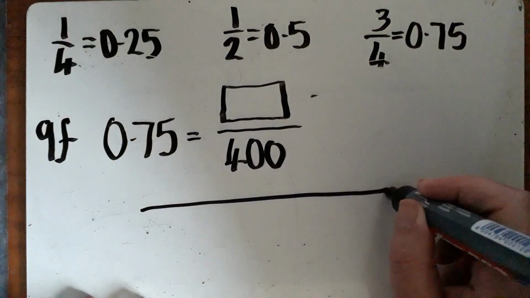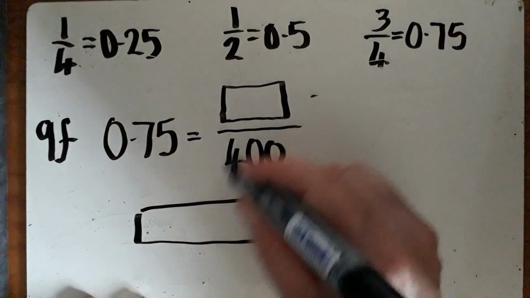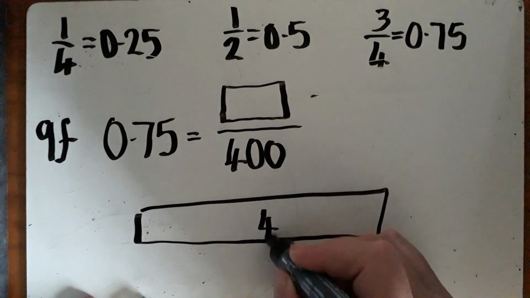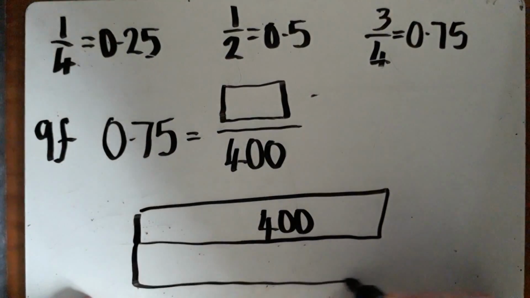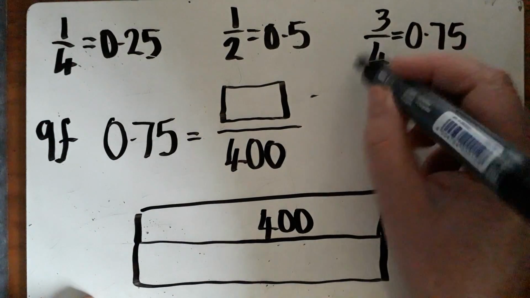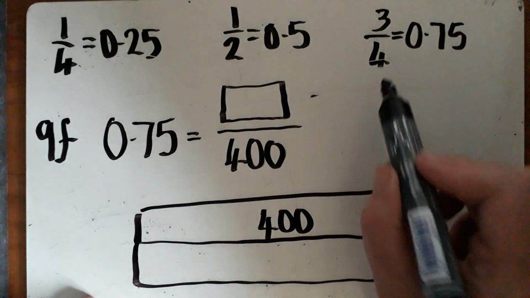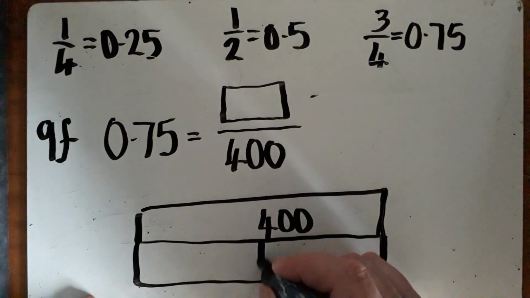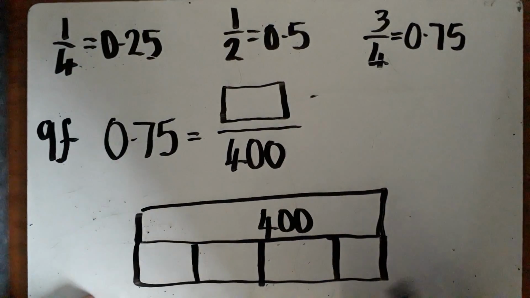Okay, so here we go. Our whole, our denominator, is 400. I know that this bar I'm going to divide into quarters because 0.75 is the same as 3/4. So here I go dividing it into quarters.